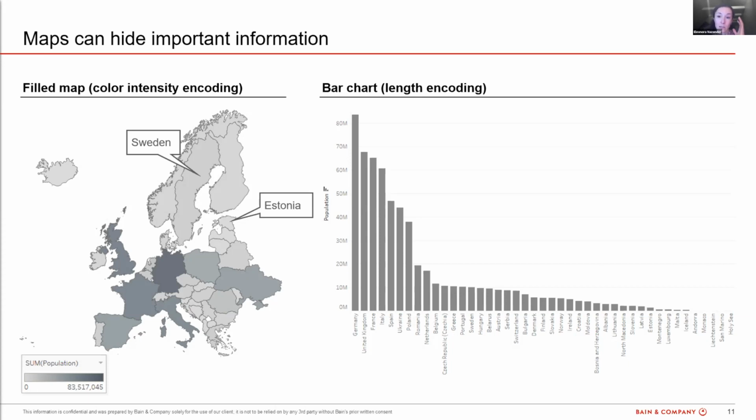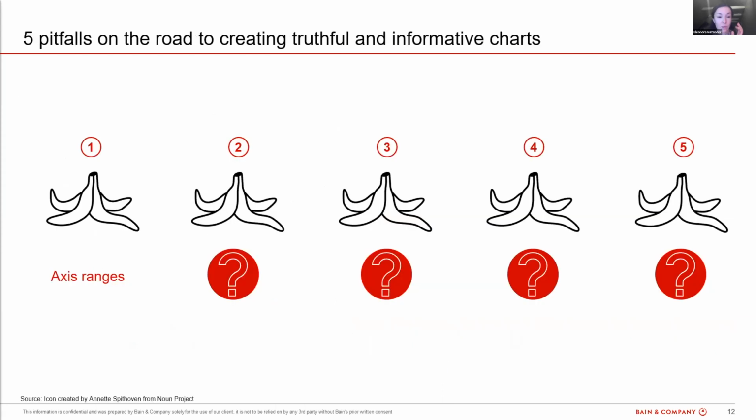Yeah, our brains are not very effective at decoding color intensity. Comparing 2 slightly different shades of gray is really hard. So maybe we can help our audience by providing labels or providing tooltips. Okay, so the second pitfall on our way was choosing the right chart type and the right variable encoding.